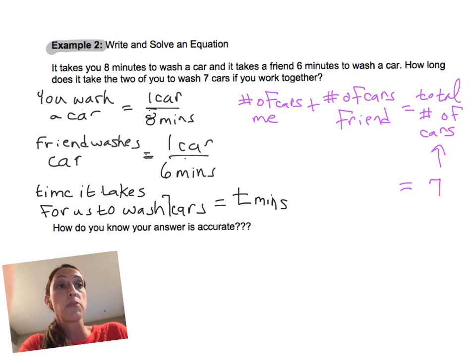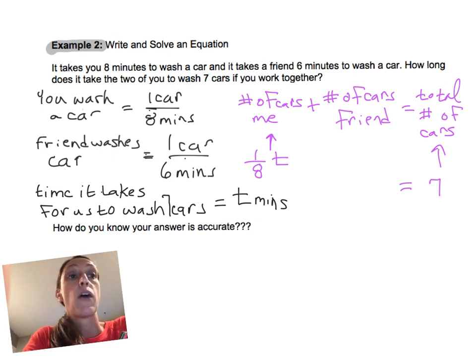So what's the expression for the number of cars I wash? Well, I'm taking 1/8 and multiplying it by the number of minutes I have. Or I'm taking my number of minutes and dividing it by 8. However you want to write it. You can either do t over 8 or 1/8 times t. Because I'm going to use that bottom buster, that LCD method that we just talked about, I'm just going to write it as 1/8 t.